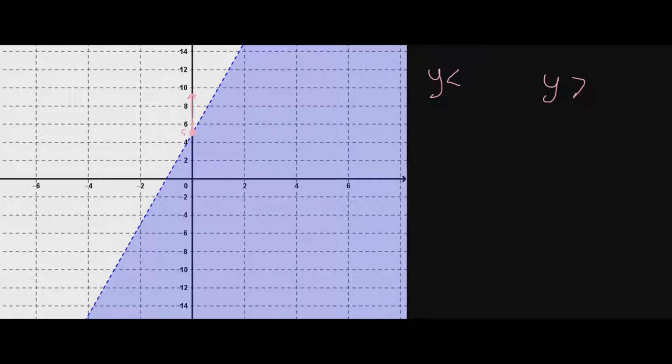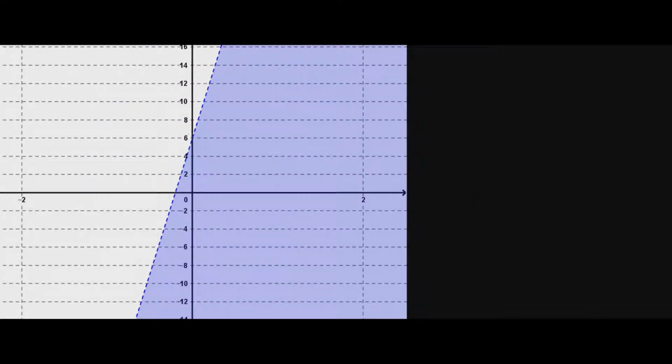No. If I just stay on this axis, it does not. What if I go down below? If I start going down in this direction, are these touching the shaded region? Definitely. So what do you think it would be, less than or greater than? Look at these numbers, 4, 2, 0, we're going down. So if I was to start this equation, it'd be y is less than 5, and then I'll finish the rest.